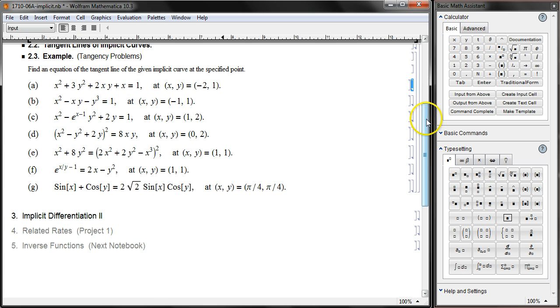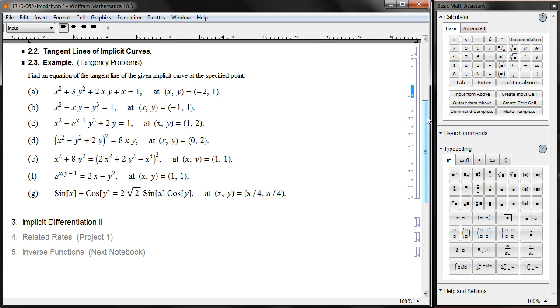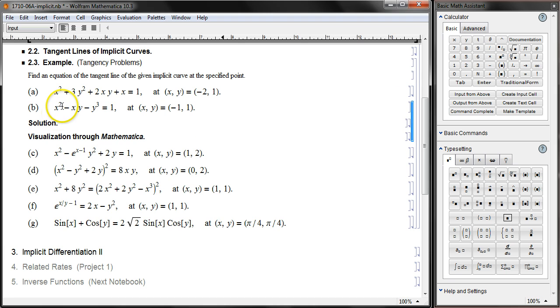This time I'm going to save a little bit of time, so I may just go directly to the answer key. We have to take the derivative of x squared and then take care of this product rule, and then the derivative of y cubed, which is 3y squared times y prime, and plug in x equals negative 1, y equals 1.